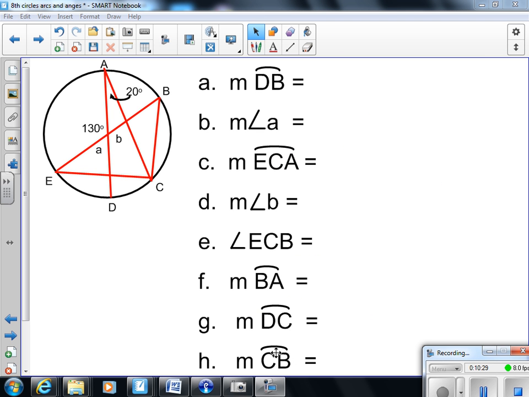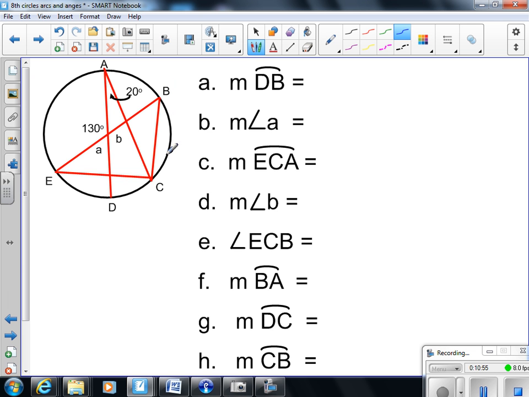Now let's try some examples on your own. Copy these down and let's find the measurements of the various arcs or angles as they are listed. All right, let's go over these. The measure of arc DB. It must be a minor arc because it doesn't have 3 letters listed, so we'll go around this direction.